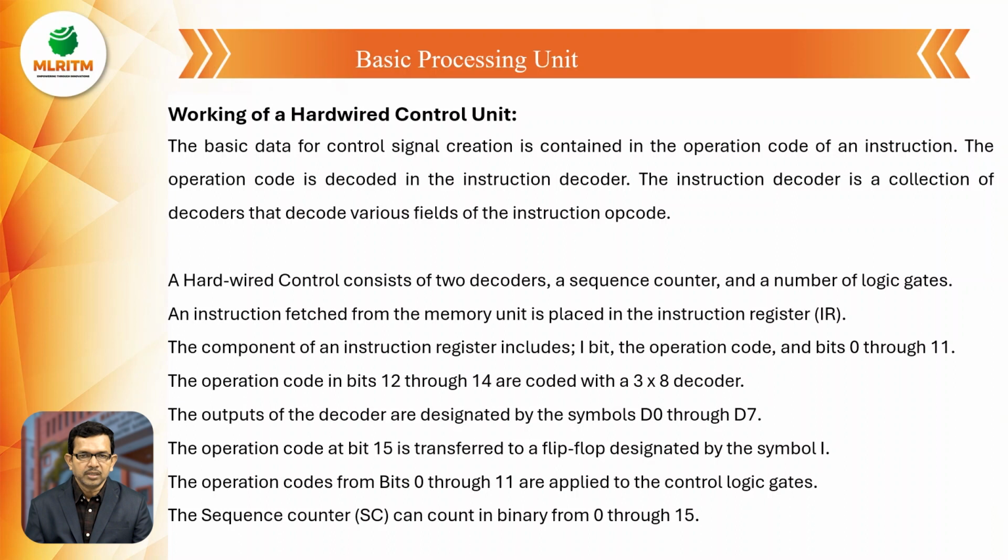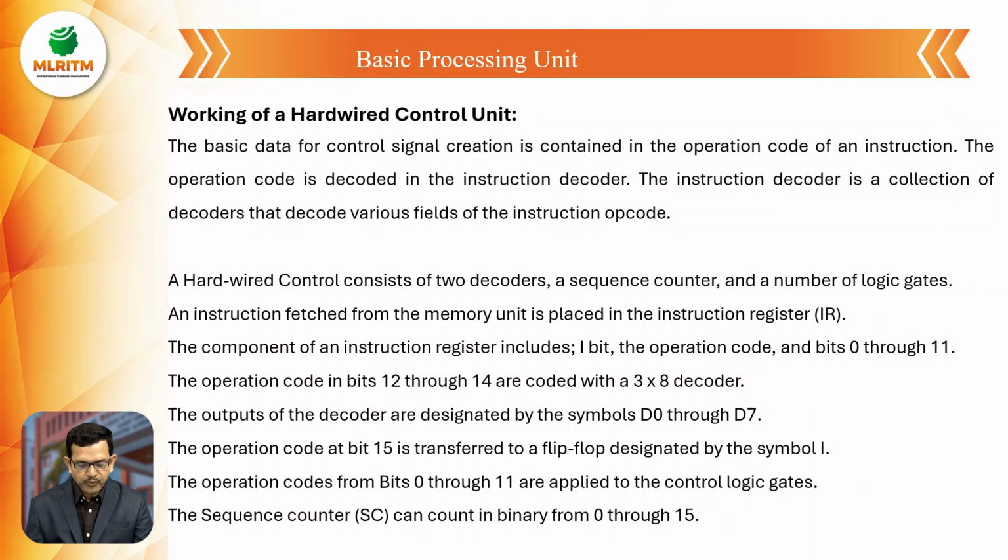These 2 decoders are connected with the help of the sequence counter, where the instructions are repeatedly executed. If instruction 1 is completed, immediately instruction 2 has to be processed, and the sequence counter has to come into the picture, where the sequence counter gives the increment of all the registers.